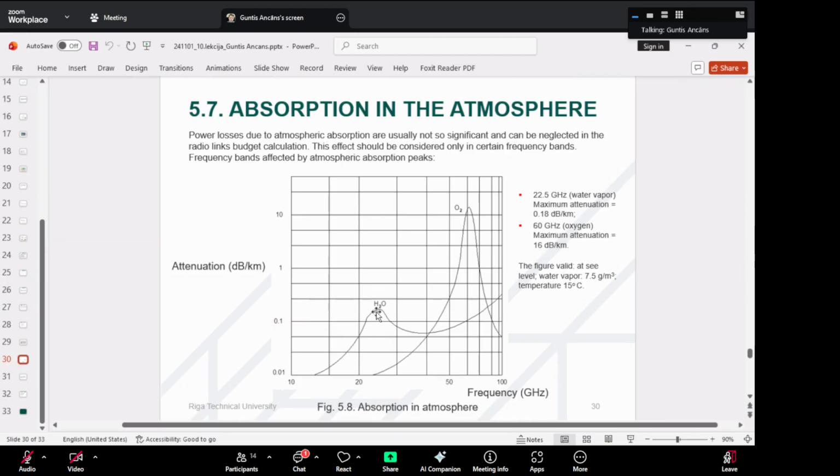It's the maximum for these atmospheric parameters. And for frequency 60 gigahertz for oxygen, maximum attenuation is even 16 decibels per kilometer.